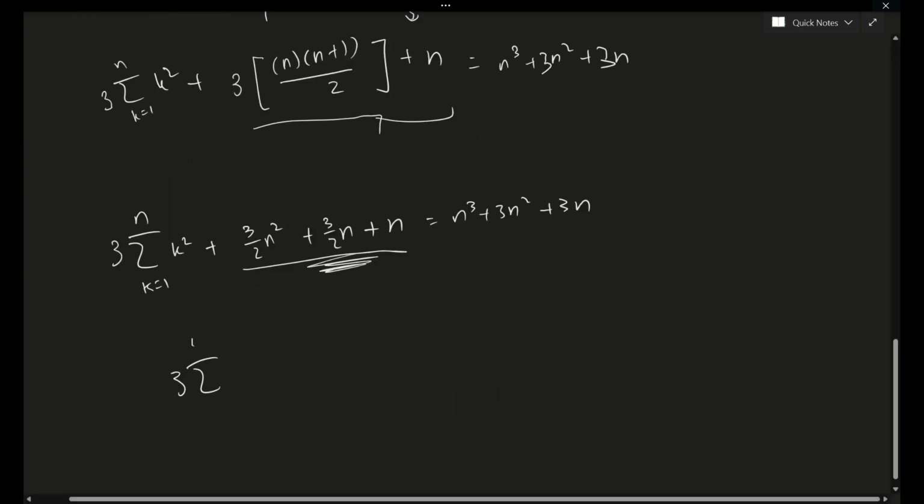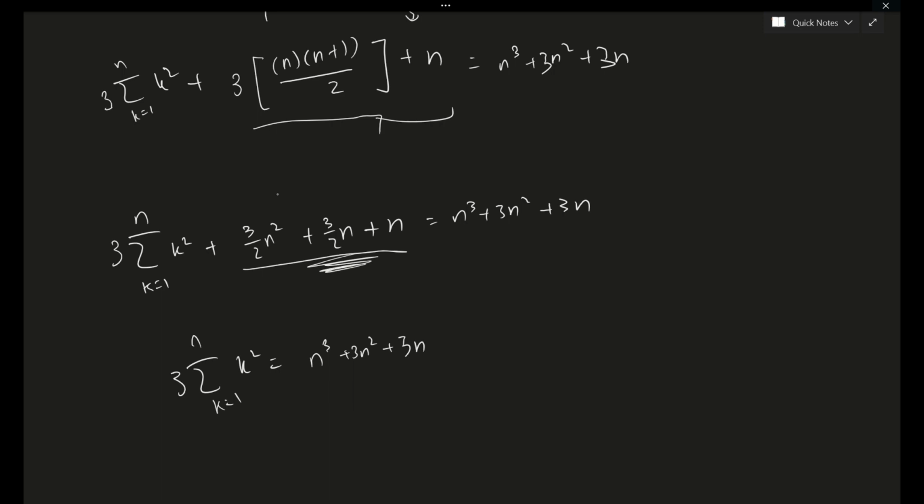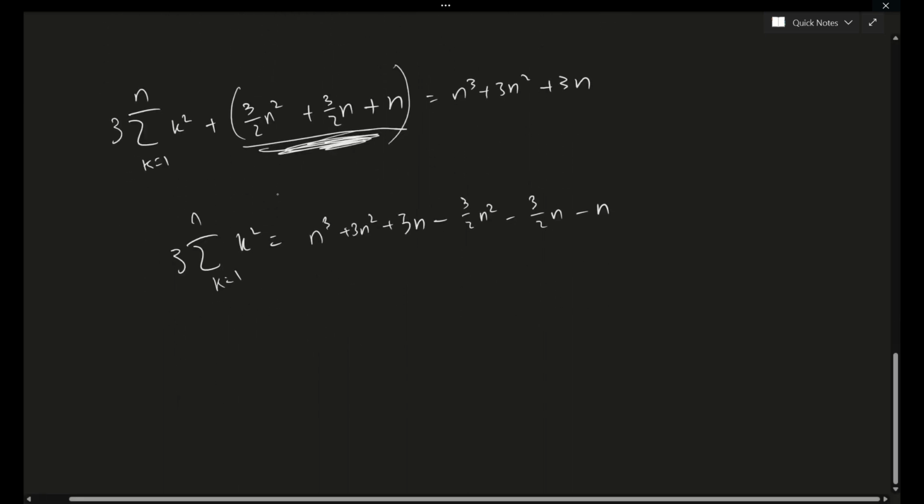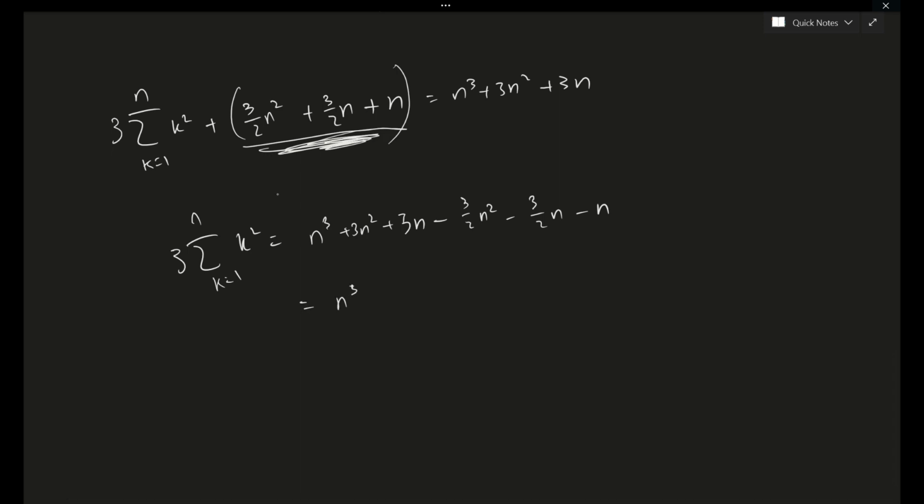We're going to have 3n squared plus 3n minus this whole thing, so 3n squared minus 3 over 2 n squared would give us 3 over 2 n squared, and 3n minus 3 over 2 n minus n will give us n over 2. So this is equal to n cubed plus 3 over 2 n squared plus n over 2.